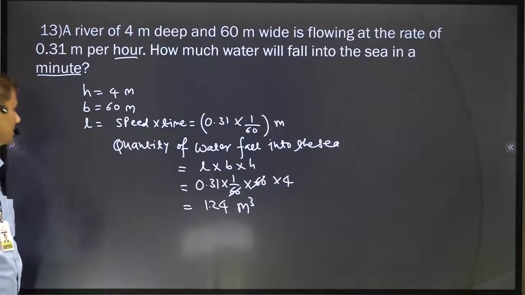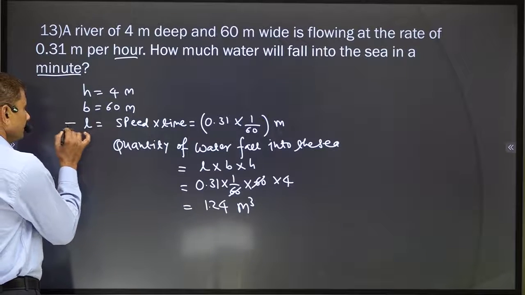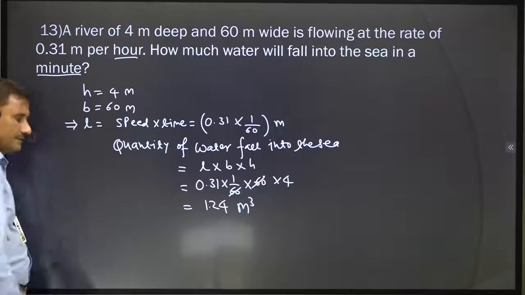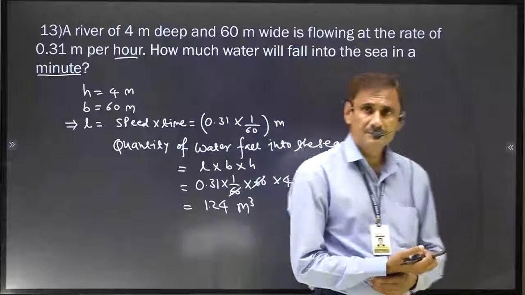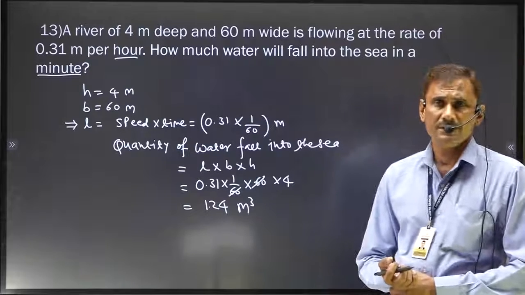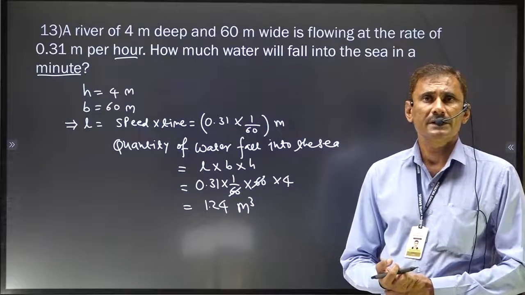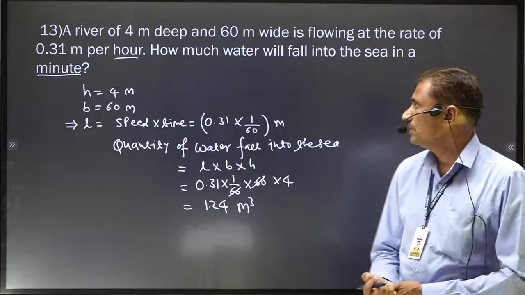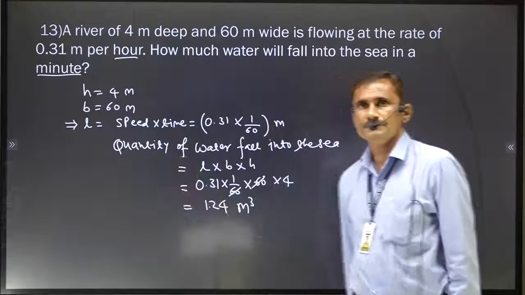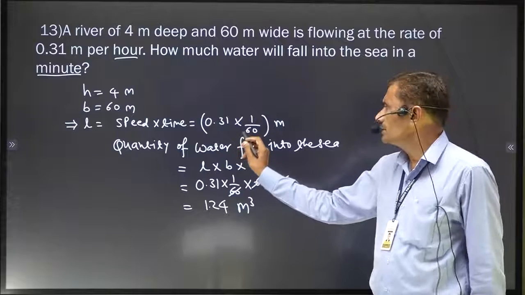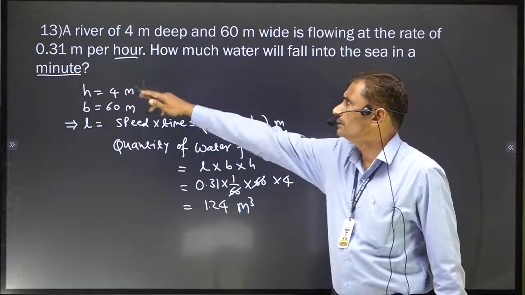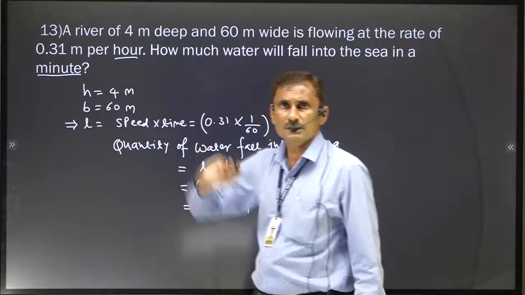But be careful at this point. Whenever a river, pipe, or anything has water flowing, you just find out its length. How? By speed into time. And one thing to remember: units should be equal.